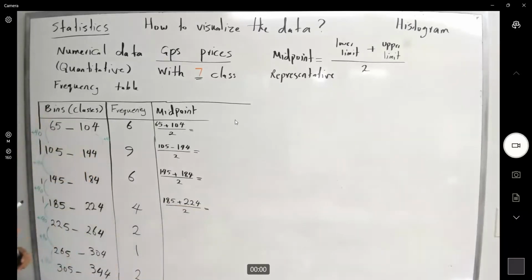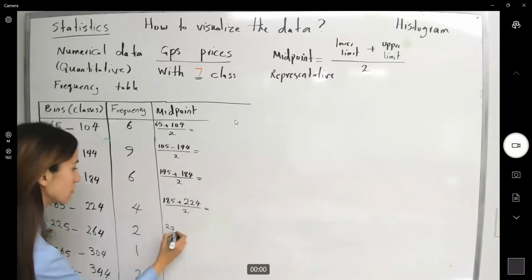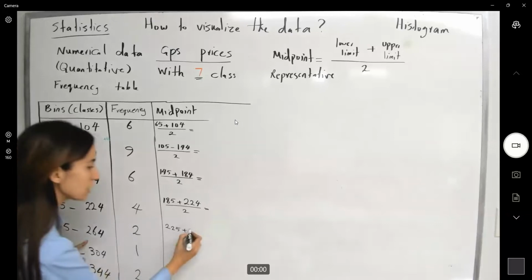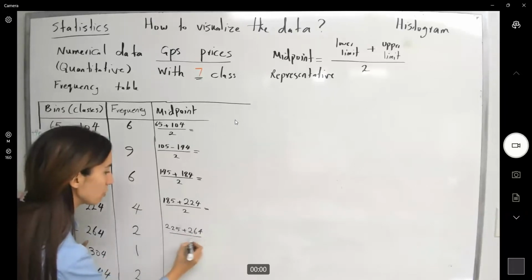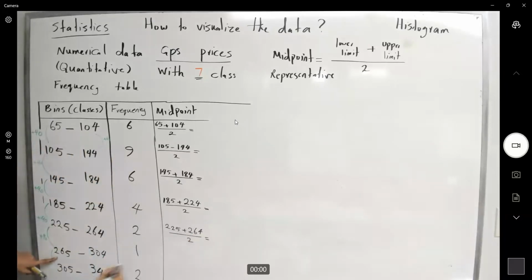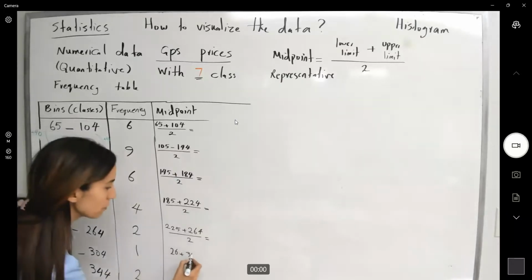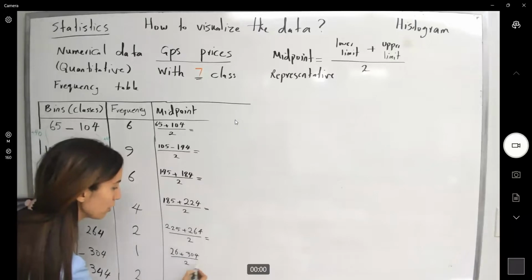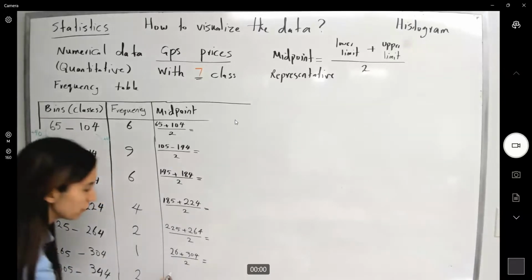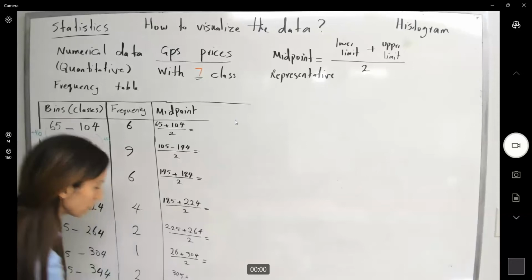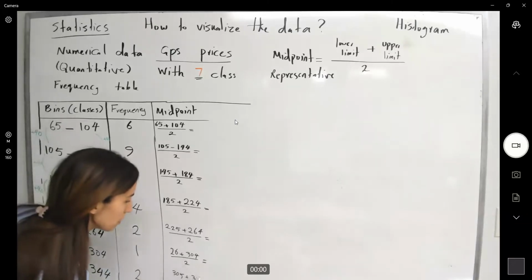It gives you the midpoint, the middle point in between them. 225 plus 264 divided by 2. 265 plus 304 divided by 2, and 305 plus 344 divided by 2.